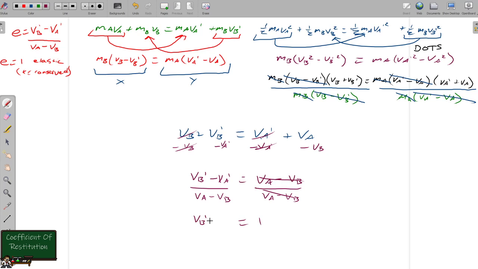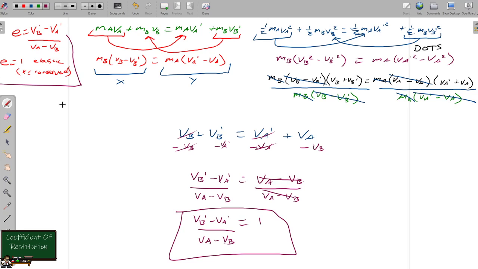And I have VB prime minus VA prime over VA minus VB, which is the same thing as our coefficient of restitution equation when it's an elastic collision where E is equal to 1 and energy is conserved.